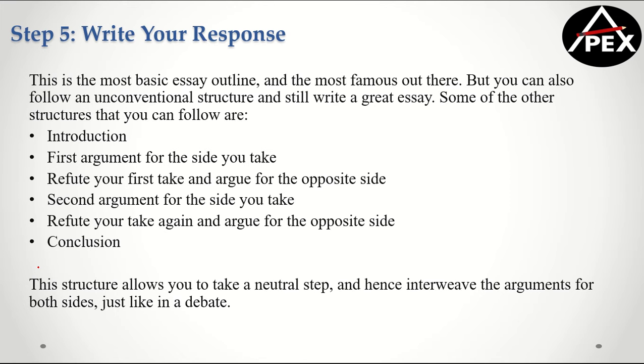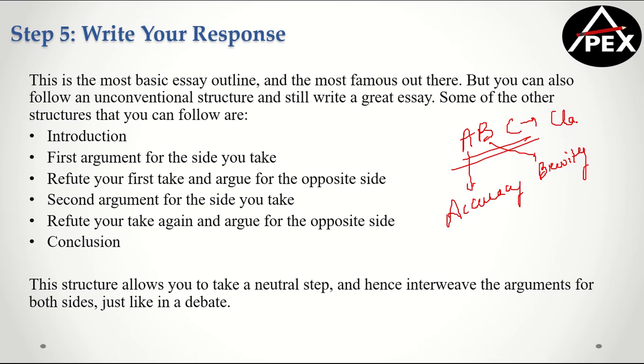As I keep discussing in the classes, when you're writing, your ideas need to be clear. You need to follow the ABC of your writing. Okay. Now, what are the ABCs? Well, A stands for your accuracy, B stands for your brevity, and C stands for clarity.